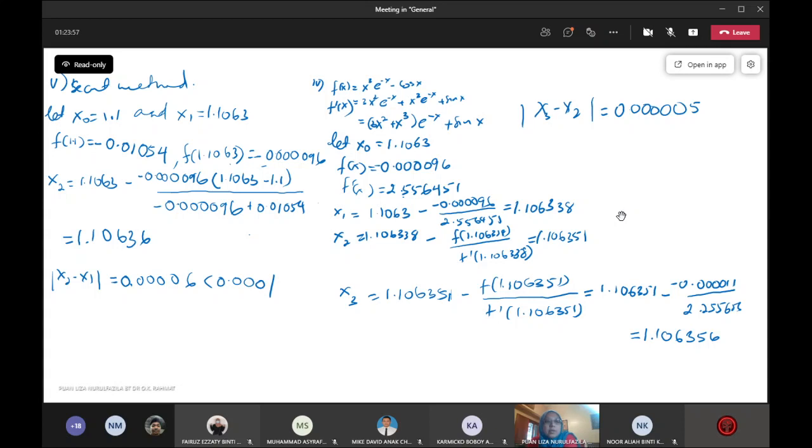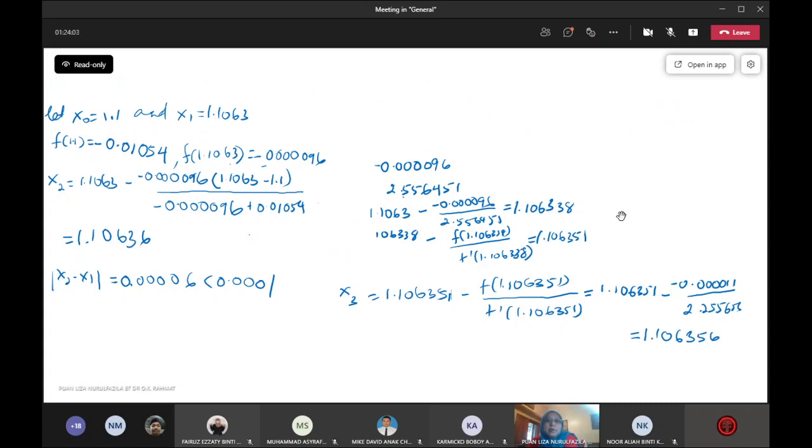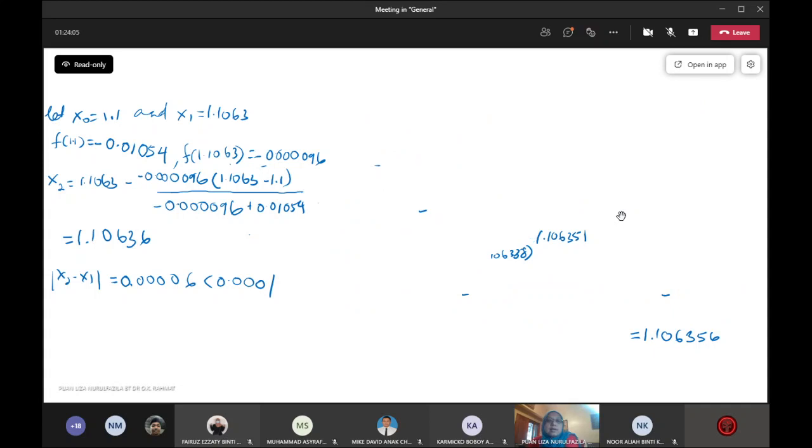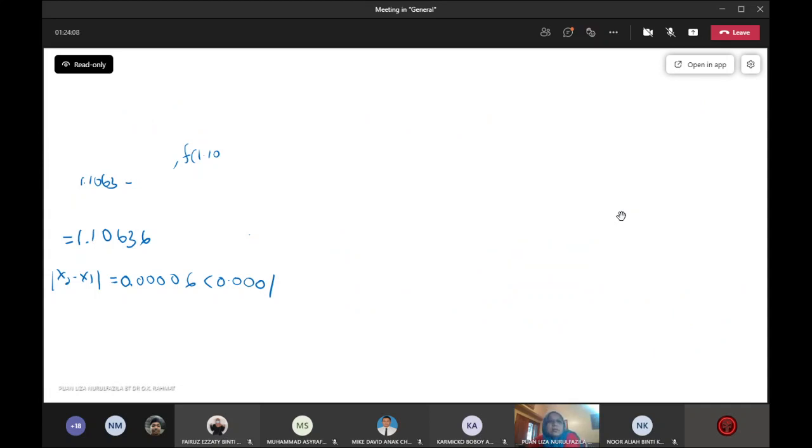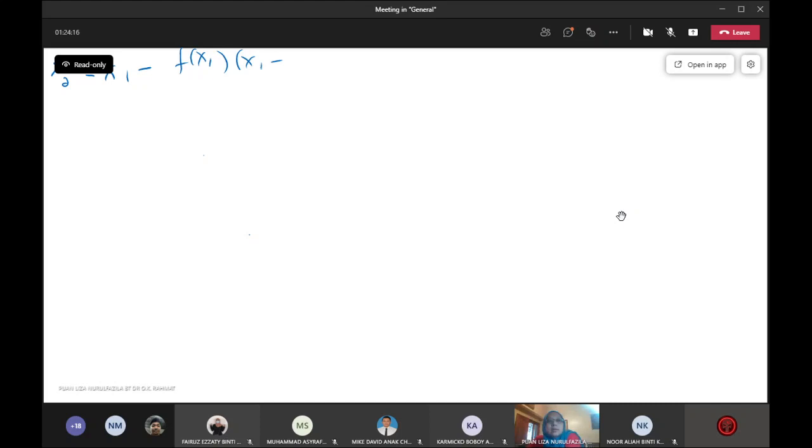Now, before that, I would like to show you that sometimes the secant is also given in another form. So if you see that, it's not wrong. So you have the secant: x2 equals x1 minus f(x1) times (x1 minus x0) over f(x1) minus f(x0).